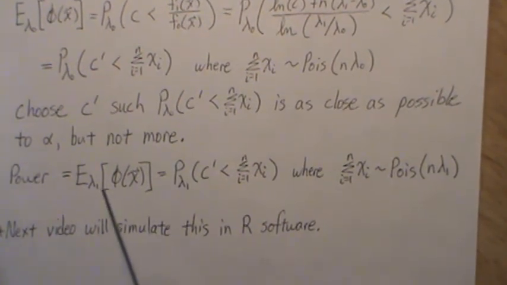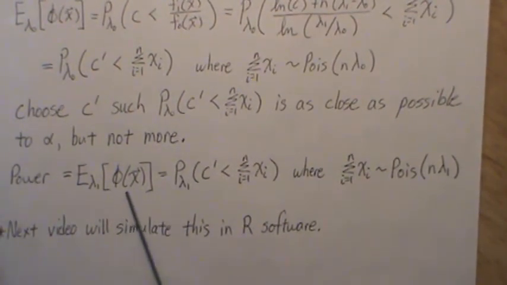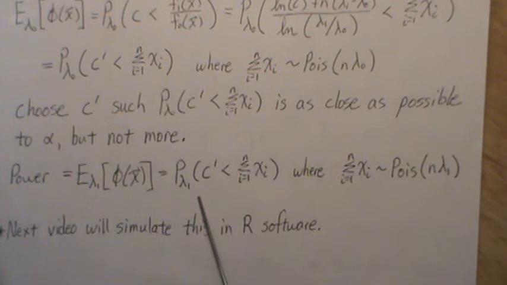Now, the power is the expected value of the test function, assuming the alternative is true, which then becomes this probability, the probability that we're greater than that constant C prime when the alternative is true.